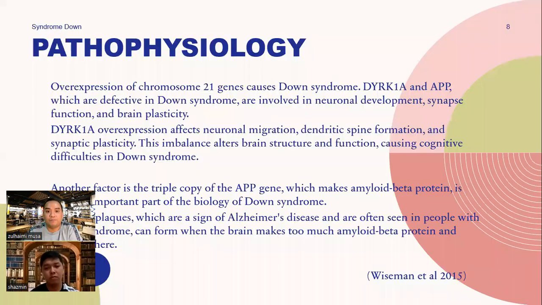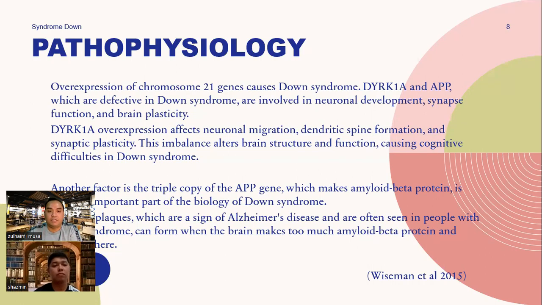Okay, pathophysiology. What is the pathophysiology of Down syndrome? Overexpression of chromosome 21 genes causes the genetic syndrome. DYRK1A and APP, which are defective in Down syndrome, are involved in neural development, synapse function, and brain plasticity. DYRK1A overexpression affects neuronal migration, dendritic spine formation, and also synaptic plasticity.